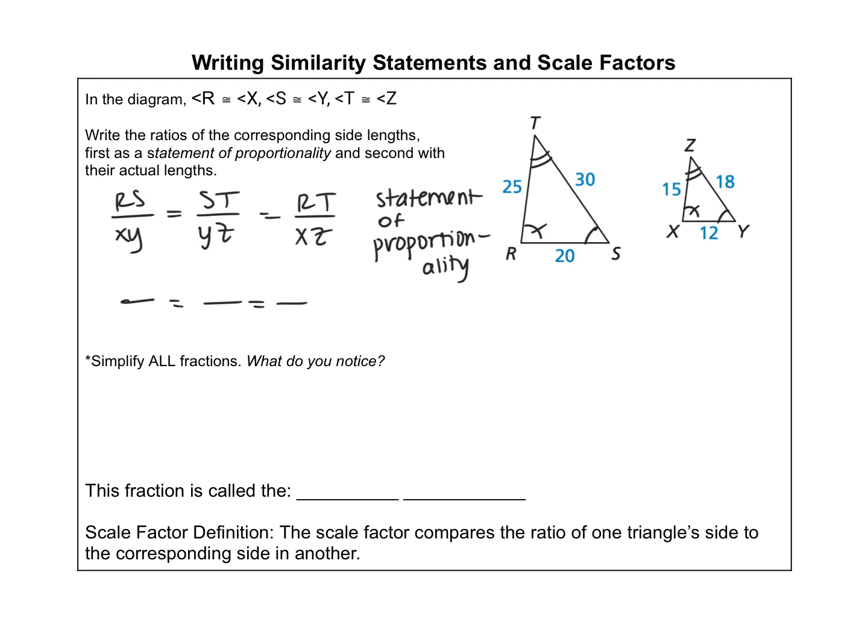So RS is 20, ST is 30, and RT is 25. Then if I go to the other triangle, XY is 12, YZ is 18, and XZ is 15.